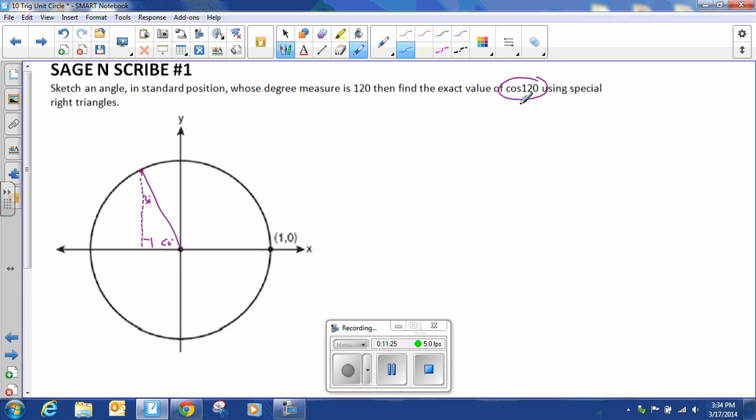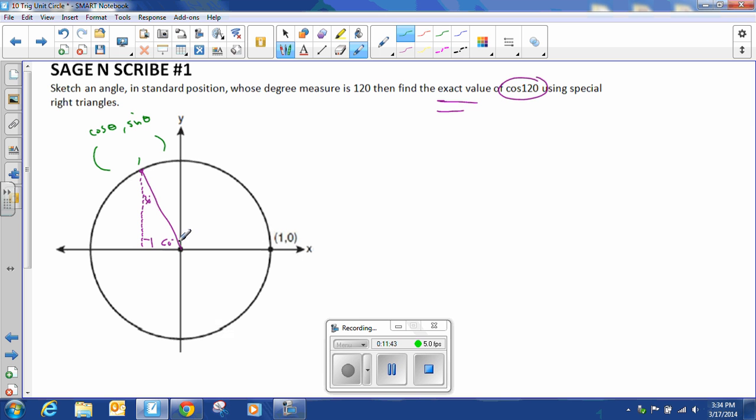Now, since we want to find the exact value of cosine of 120, we want to determine the x-coordinate because, remember, cosine of theta is the x-coordinate and sine of theta is the y-coordinate.